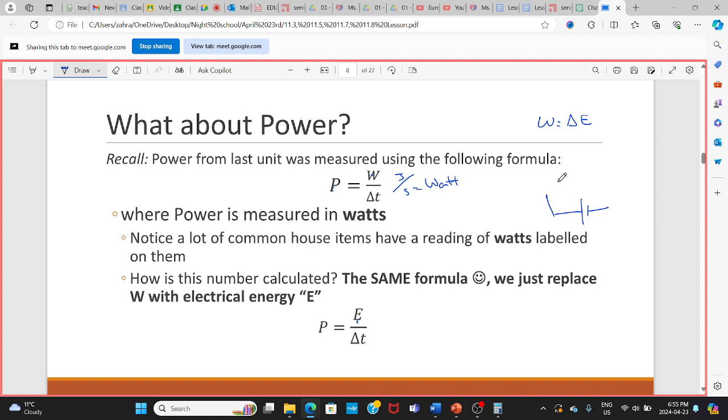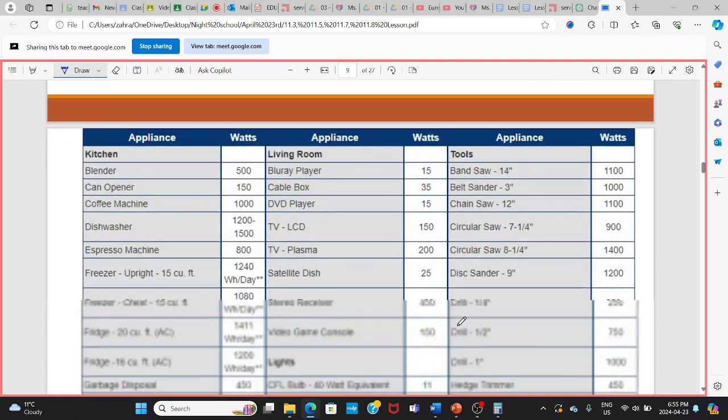Once you connect the wires, the charge gets energy, from zero energy they get some energy. So the change in energy is final energy minus initial energy. Initial energy was zero, final energy they have some, so just replace that by energy. Again, it's going to be joule per second.